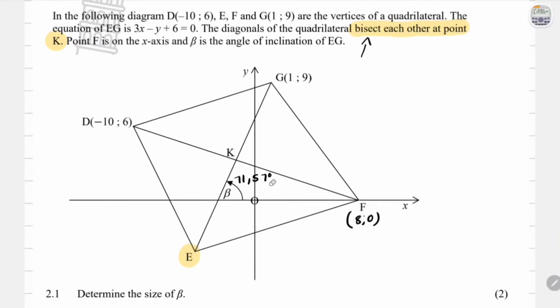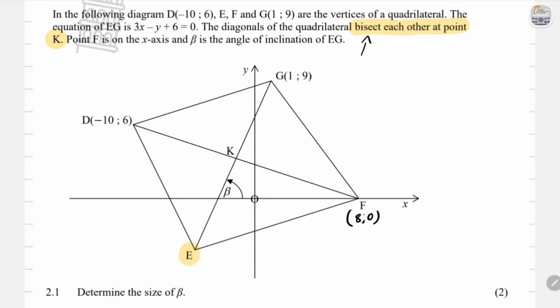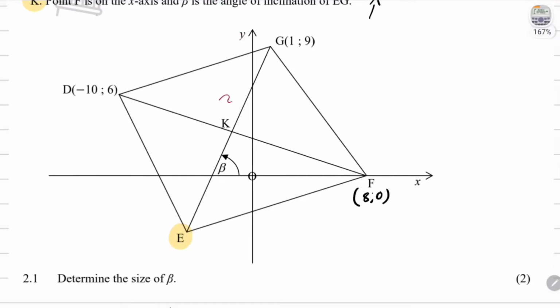So when the diagonals are bisecting each other, you have this line cutting this line into two perfect parts, so this part would be equal to this part. And if this line is bisecting this other line, it's cutting it into two perfect halves, so that side would be equal to this side.